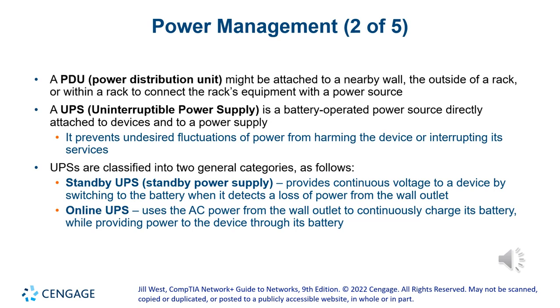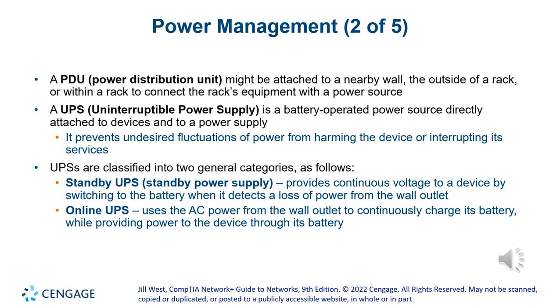You can have a PDU, a power distribution unit, more like a power strip. It's a managed, glorified power strip that you sit on the outside of the rack, usually one on the left, one on the right, so you can have dual power, and that's where all the equipment connects to that single power source.